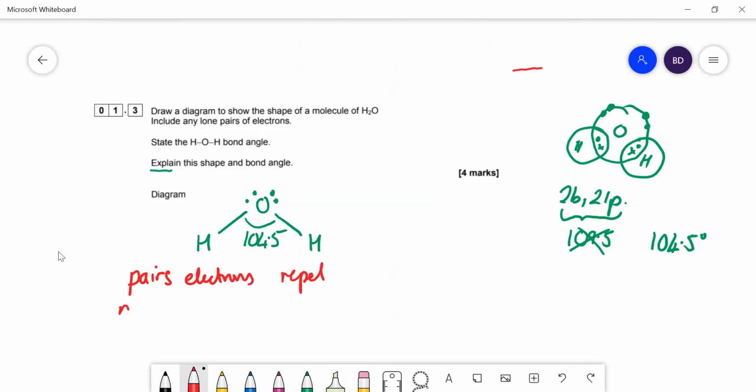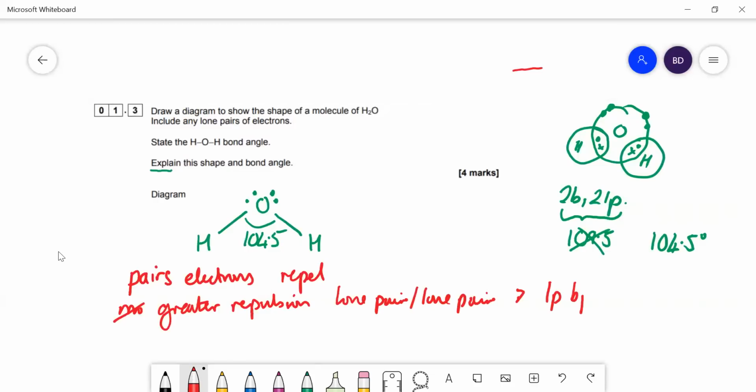You get greater repulsion between lone pair and lone pair, then between lone pair and bond pair, and that is in turn greater than the repulsion between 2 bond pairs.